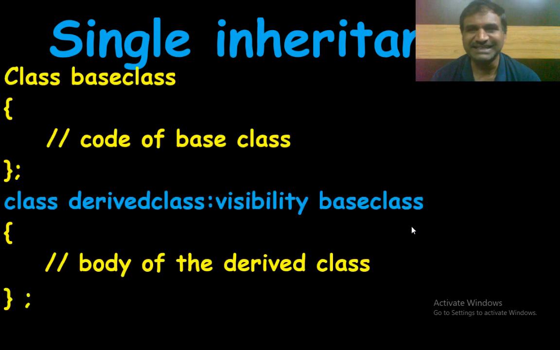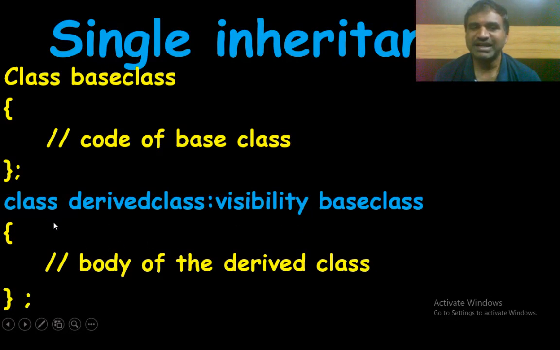If you see the syntax here, the base class is defined, and then class derived class name colon visibility modifier base class. This is an important syntax regarding single inheritance. So: class, derived class name, colon operator, access modifier (visibility), and base class.